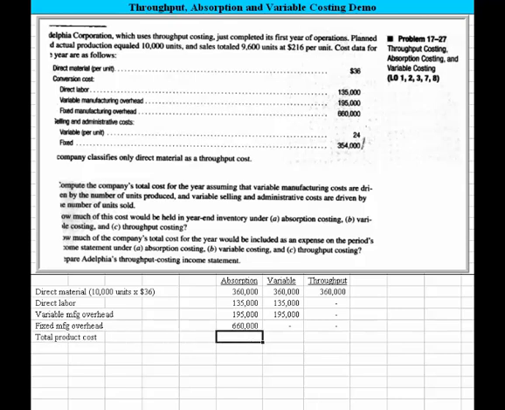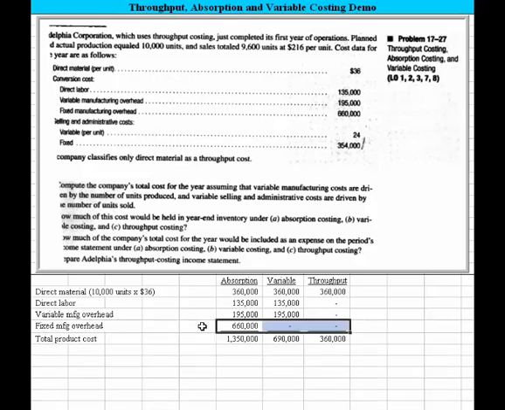If I sum from above, I get that number. Copy. Let's underline. Now that's the cost. There's the cost under the three methods.